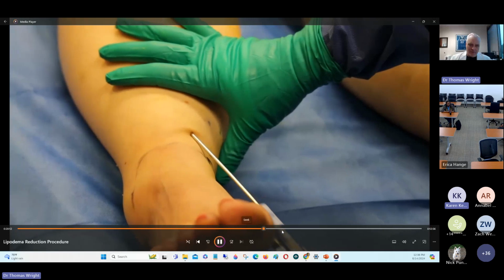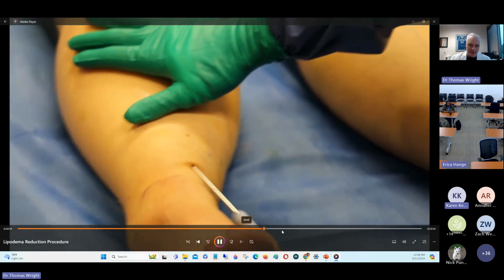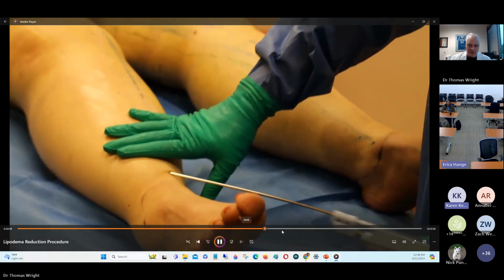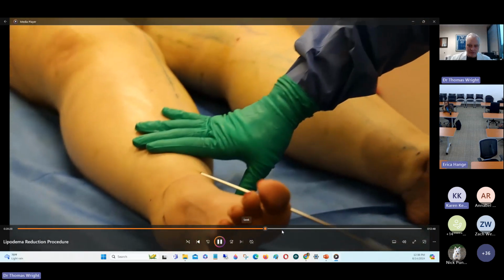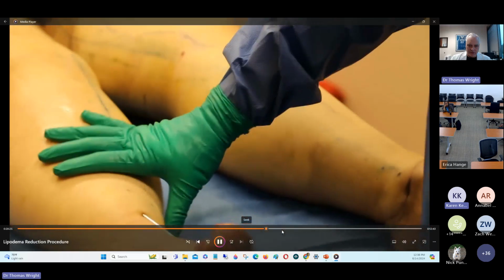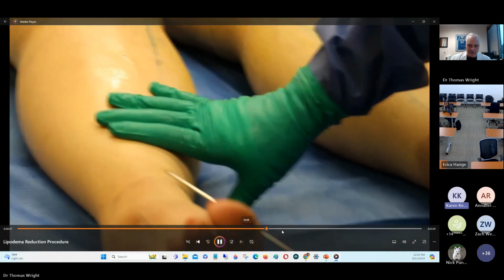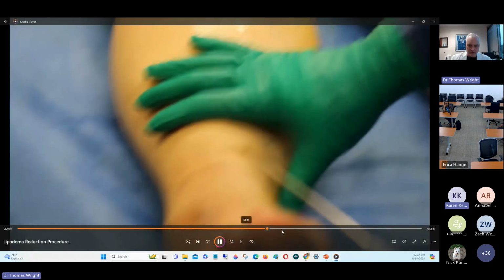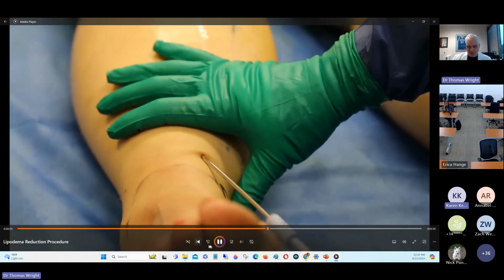Right in the plane, the perfect plane for this is the medium plane. It's not too deep, not too superficial, just moving smoothly through the subcutaneous tissue.